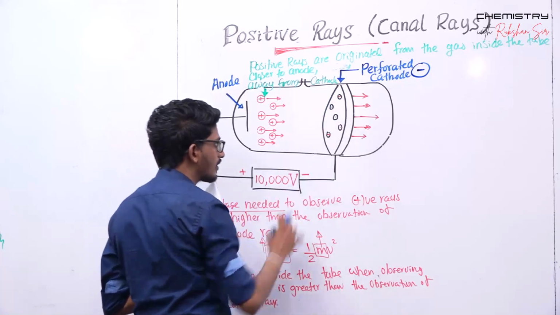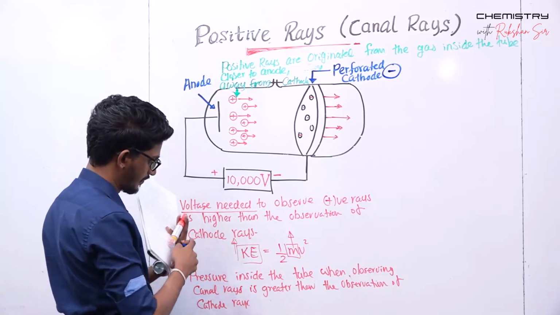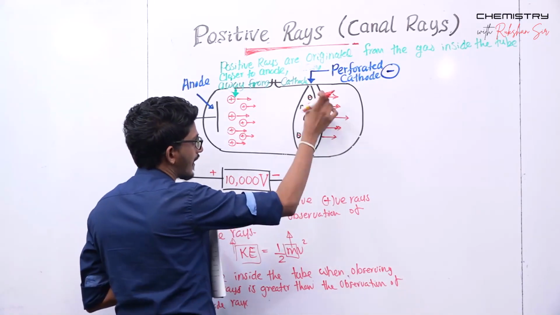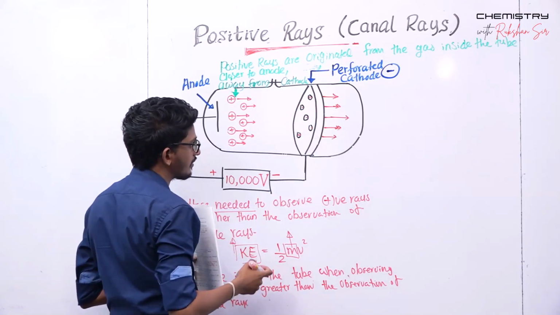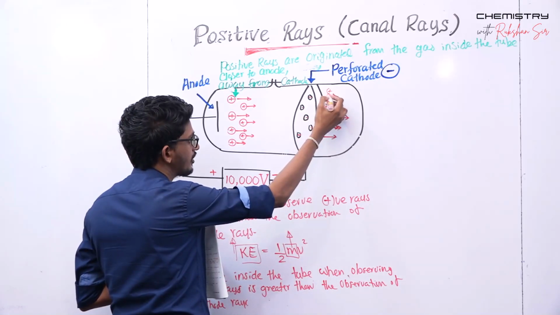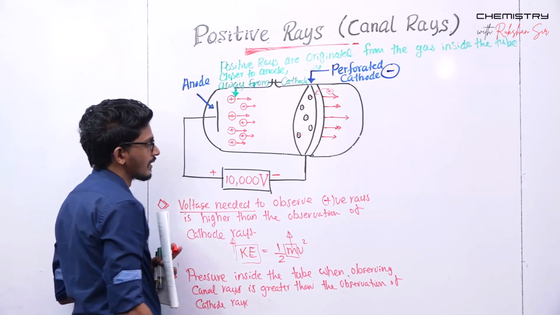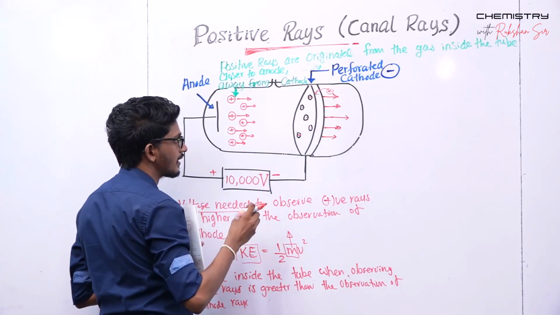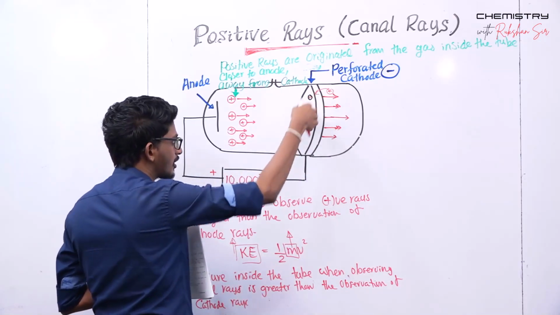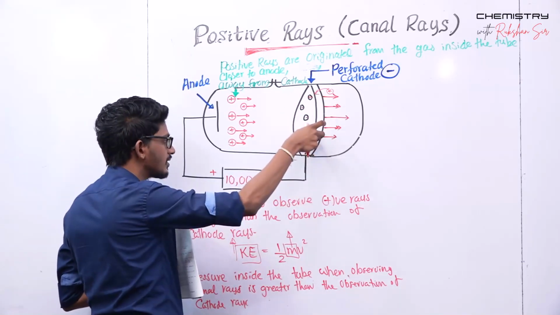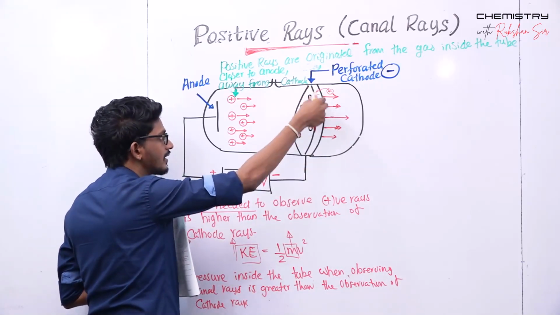So when the positive rays come out from the canals of the negative terminal, as they are positively charged, they will be dragged back to the cathode. So you won't observe any rays appearing here if they are dragged back to the negatively charged plate.